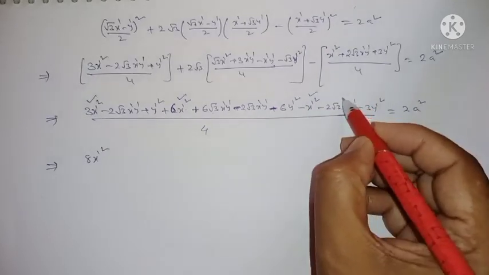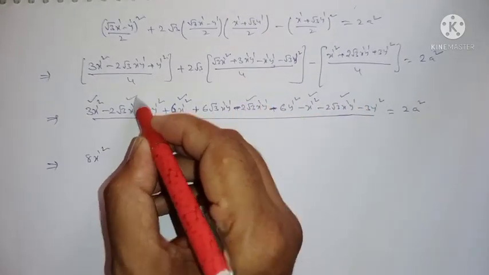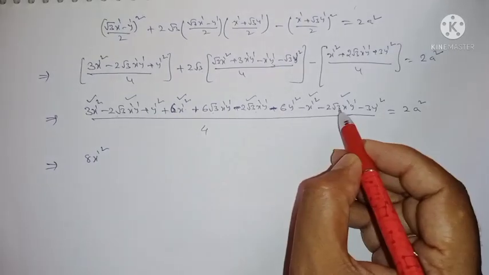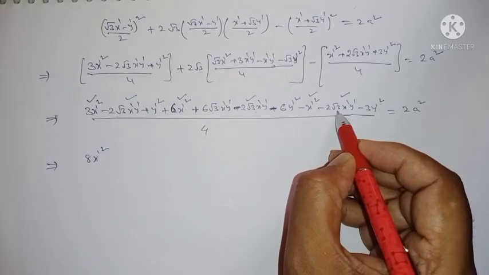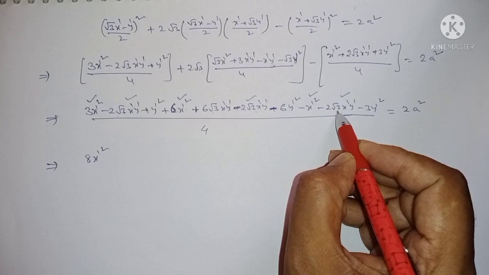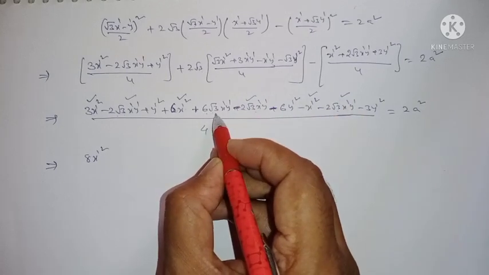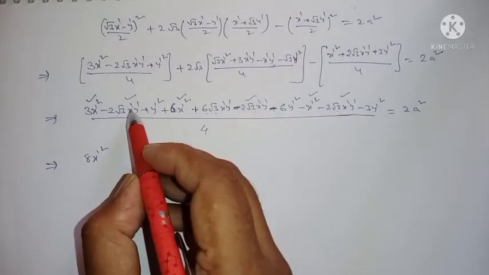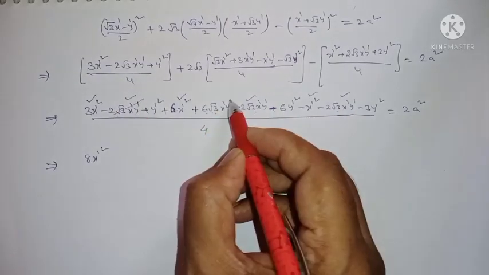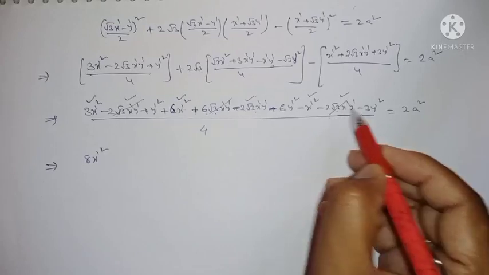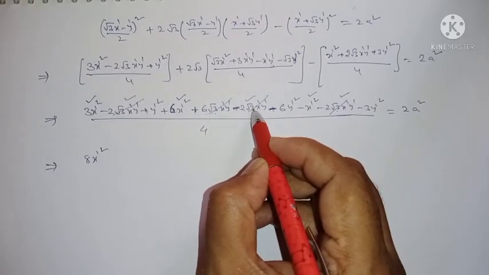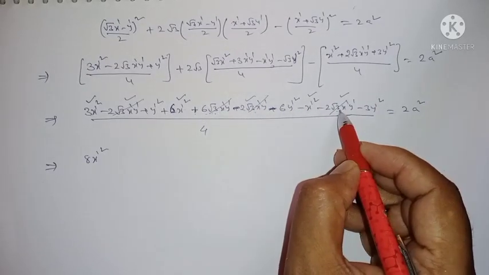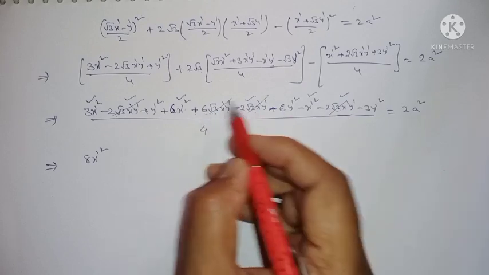These three terms you can observe here, 1, 2, 3: minus 2 root 3, minus 2 root 3, minus 2 root 3 is nothing but minus 6 root 3 x dash y dash. This is a plus x dash y dash. Therefore this is a plus, these three terms are minus. Therefore you can cancel these terms. Minus 2 root 3 minus 2 root 3, this is minus 6 root 3. This is a plus root 3, to cancel.